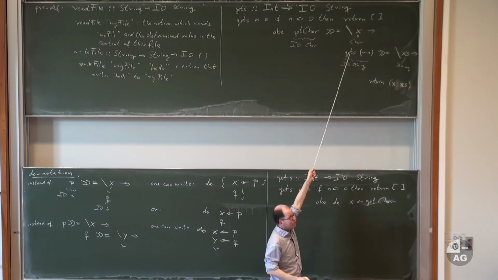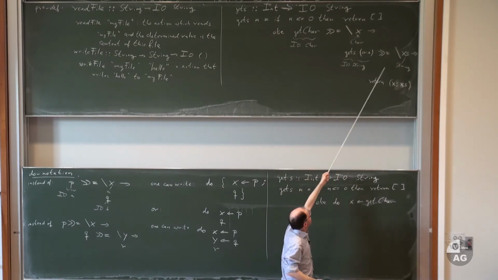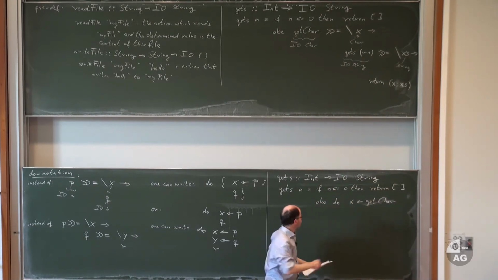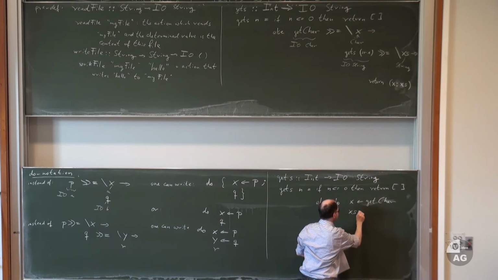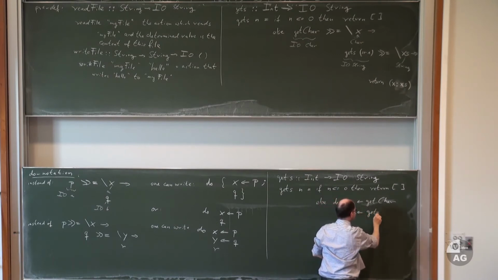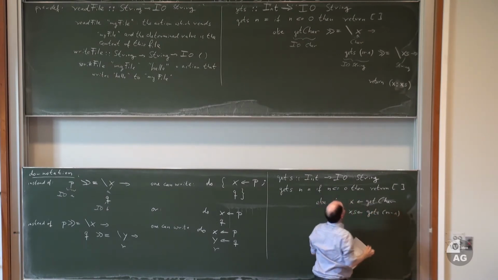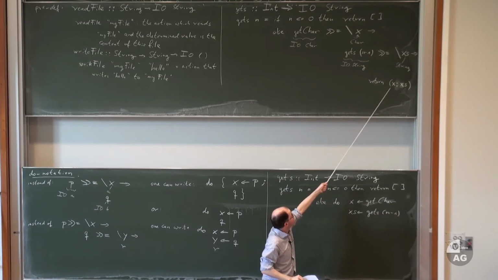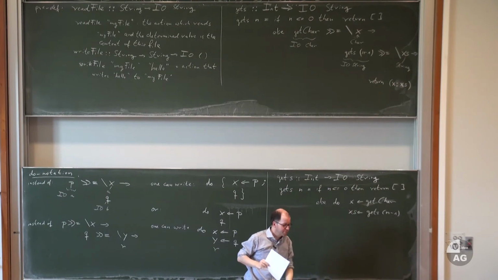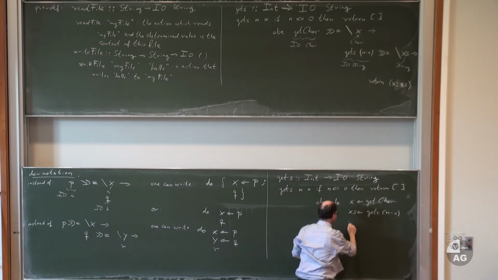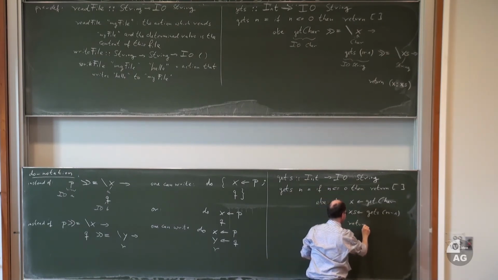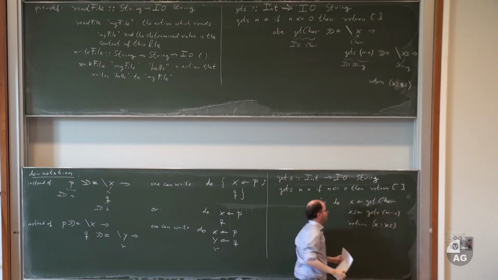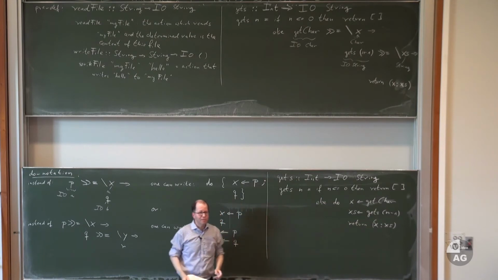This determines a string of length n minus 1. And I save this string in the variable xs. So let xs be gets n minus 1. And then what do I do in the end? I return x, well, this string, x colon xs. So return x colon xs.